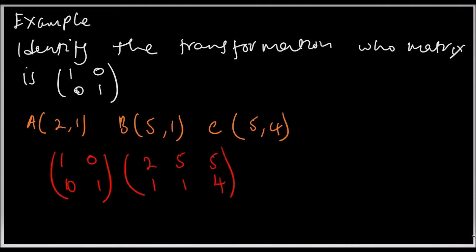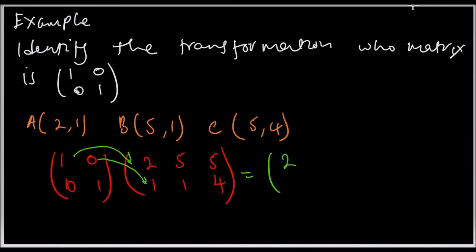When you multiply, I hope you remember how we multiplied matrices. 1 multiplied by 2 is 2, and 0 multiplied by 1 is 0, so 2 plus 0 gives you 2.